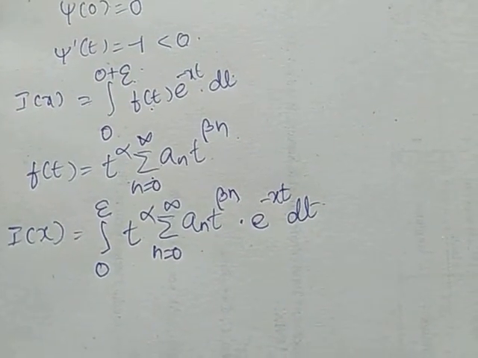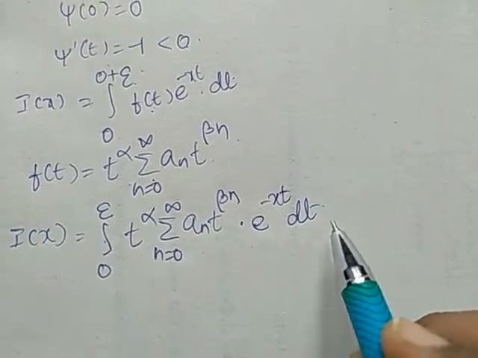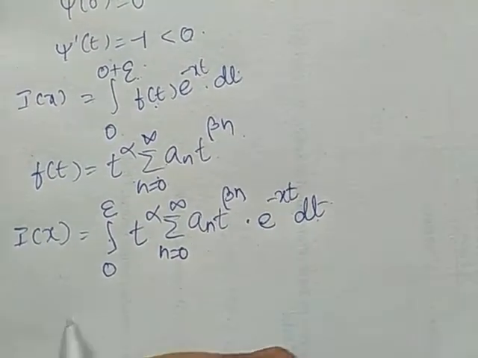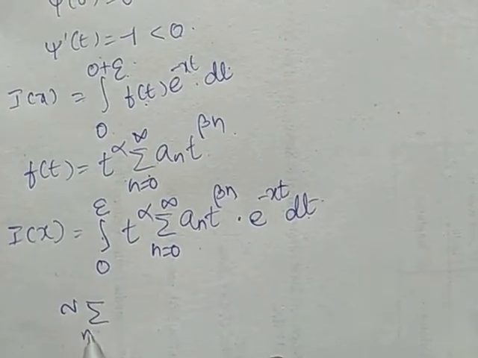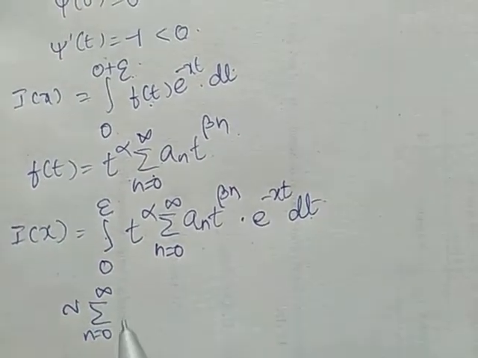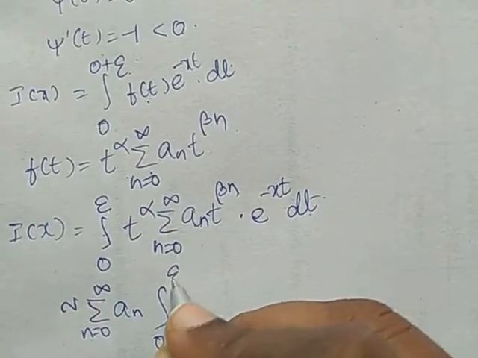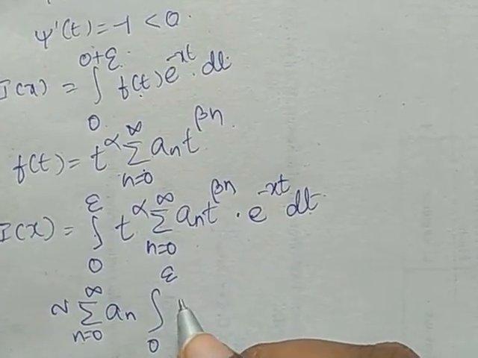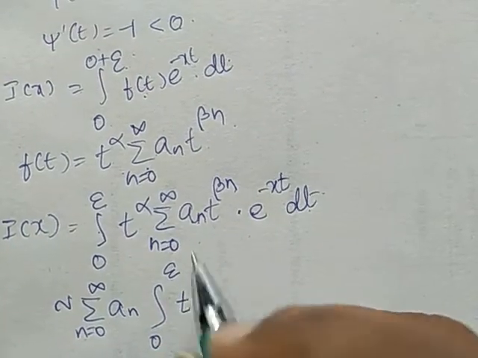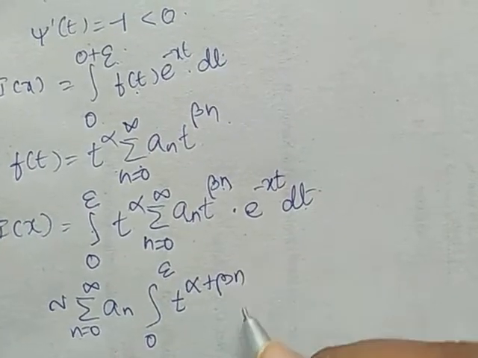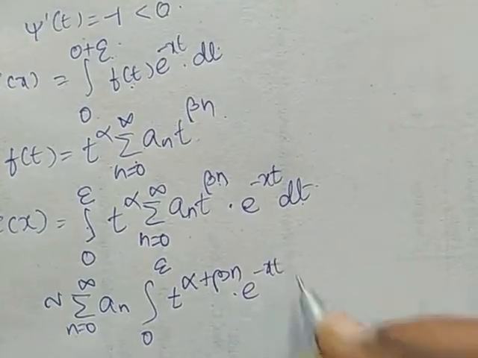Here, integration is with respect to t. Summation of a n is constant. So we can write this as n equal to 0 to infinity a n, and the remaining terms remain as they are, 0 to epsilon t power alpha plus beta n into e power minus xt dt.